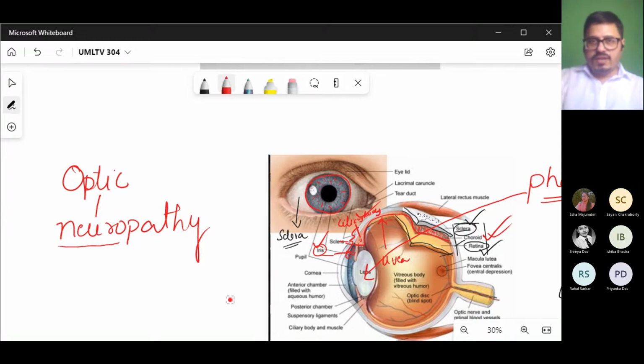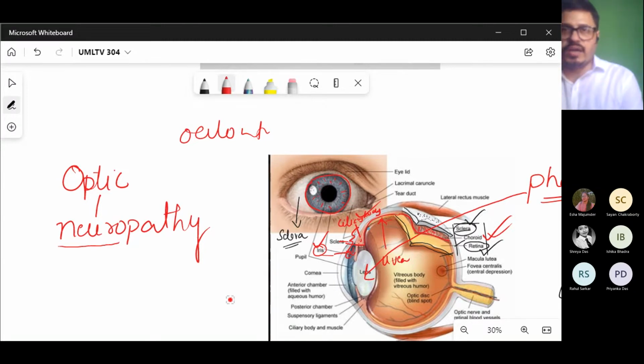Got it? If you say something like nerves of the eye, that can mean any other nerve related to the eye. There is another nerve called the oculomotor nerve that is related to the eye. There is another nerve called the trochlear nerve that also is related to the eye.